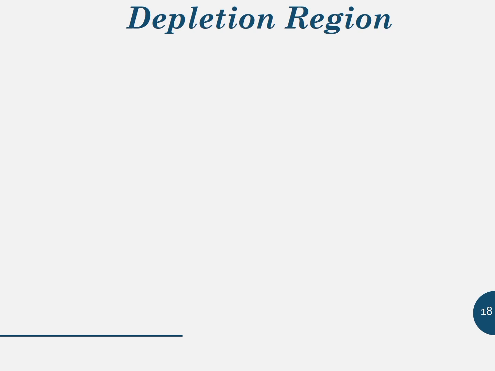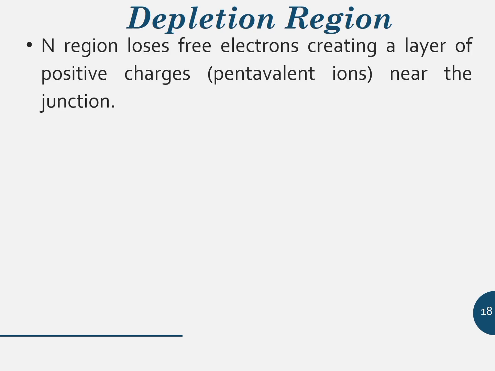Now we will understand what is the depletion region. When the p-n junction is formed, the n region loses free electrons as they diffuse across the junction. This creates a layer of positive charges, that is, pentavalent ions, near the junction.